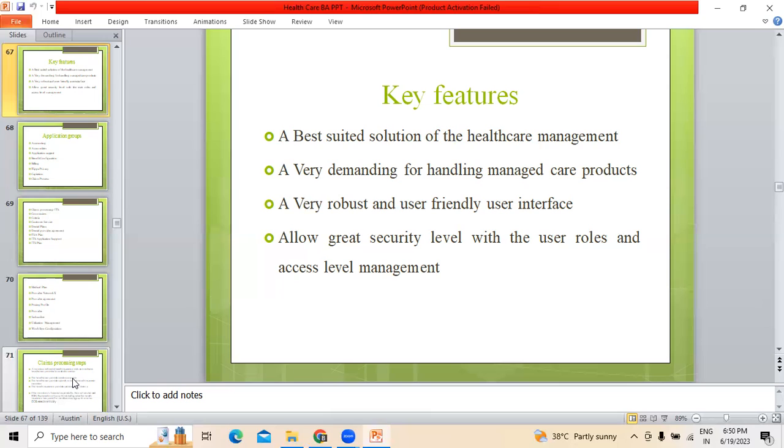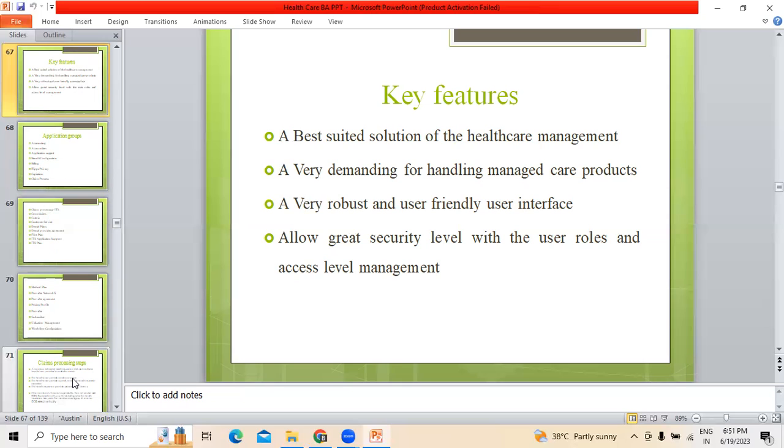So they may be from different backgrounds. So user friendliness of that particular user interface is also required, because we have to give importance to the security of the application, of course. But equally, along with security, we need to provide user friendliness to the user interfaces also. That is also essentially needed. This is what we call user friendly user interfaces. So this is also one of the features normally we use.